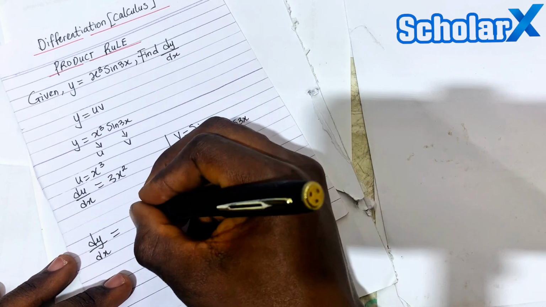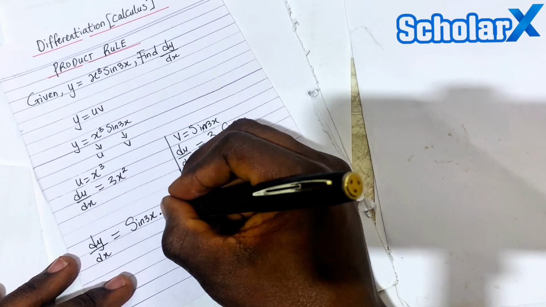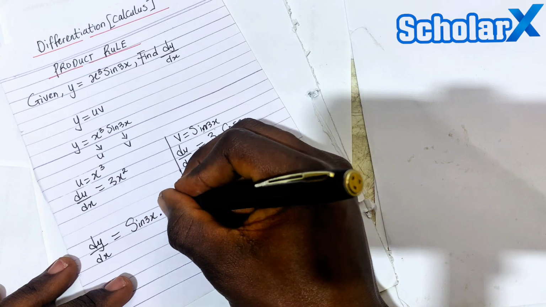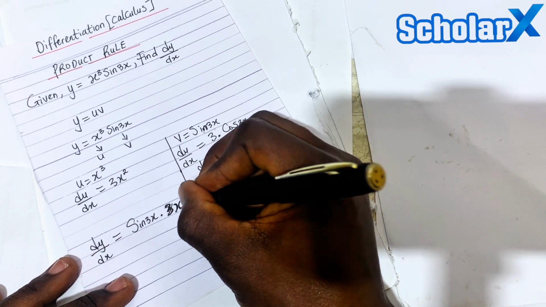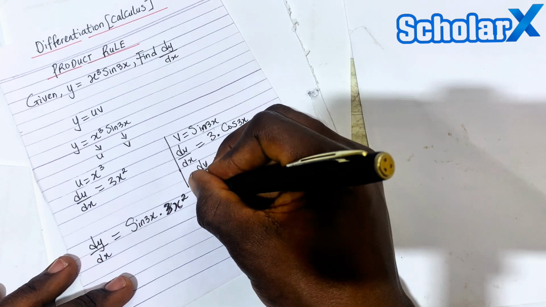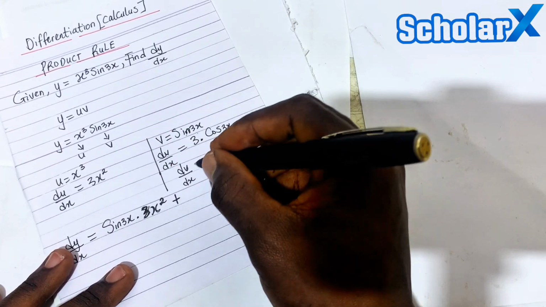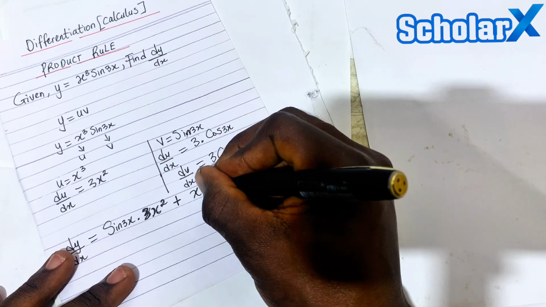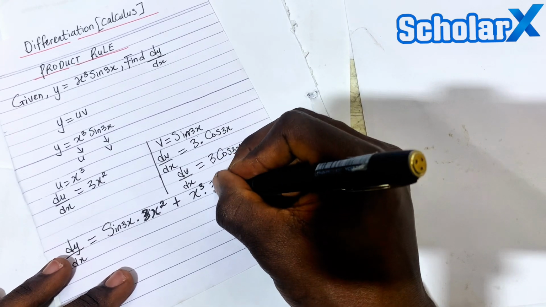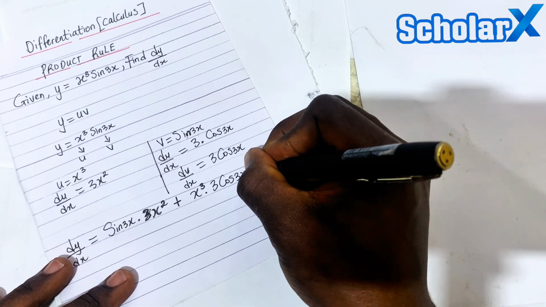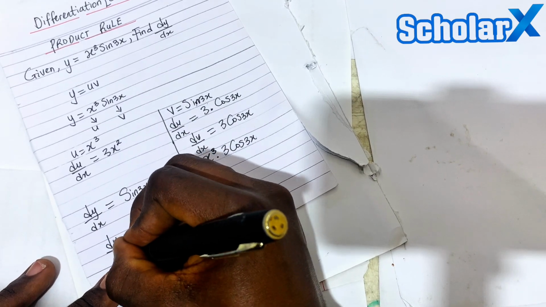Our v is sine 3x multiplied by du/dx, which is 3x to the power of 2, plus u dv/dx. Our u is x to the power of 3, multiplied by dv/dx, which is 3 cos 3x.